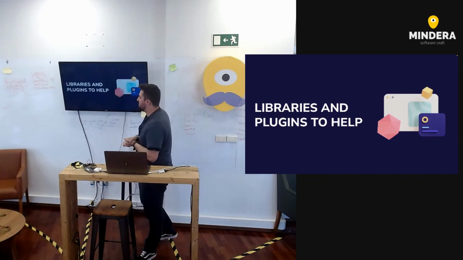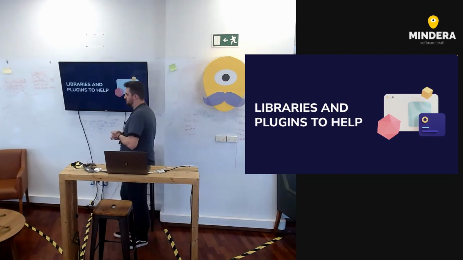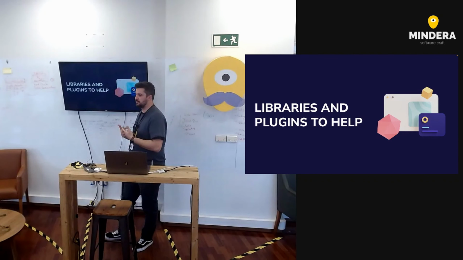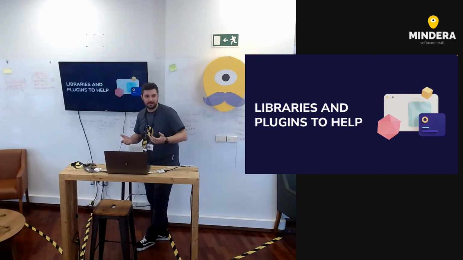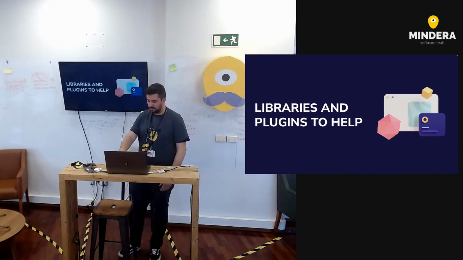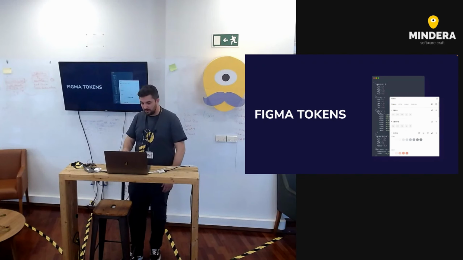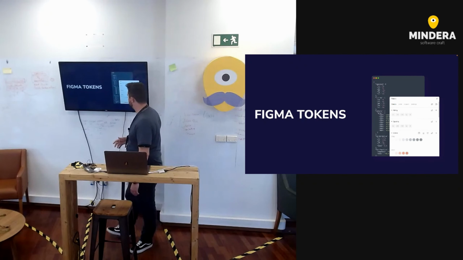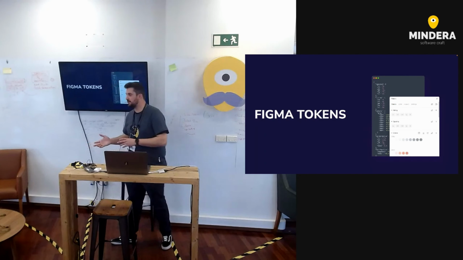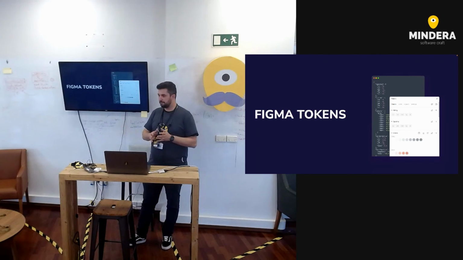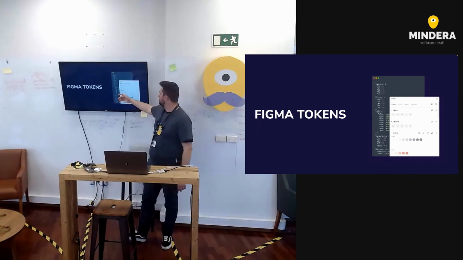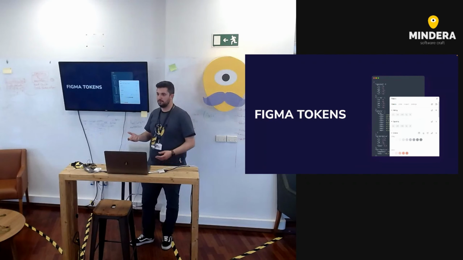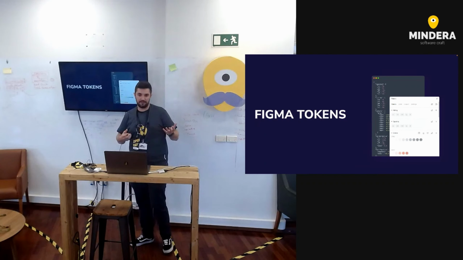Okay, we will talk about some cool libraries and plugins that can help us build a design system and make it clearer how to use it. This is the only plugin I have. It's Figma Tokens, and this is for the design part. With the installation of this plugin, we can generate tokens to talk the same language as the devs.